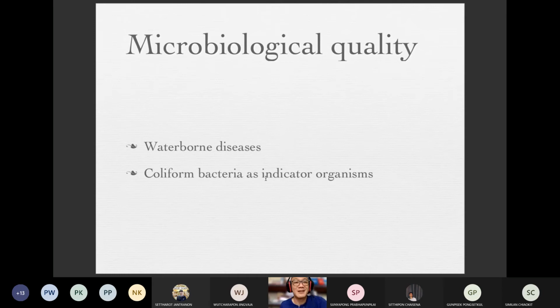They never exist in the environment. So if we could find it in water, it means that the water gets contaminated with human excreta. So it's a good indicator. We normally don't find this coliform bacteria in nature, but if we find it in the water, it means that the water got contaminated with human excreta by some way. Okay.